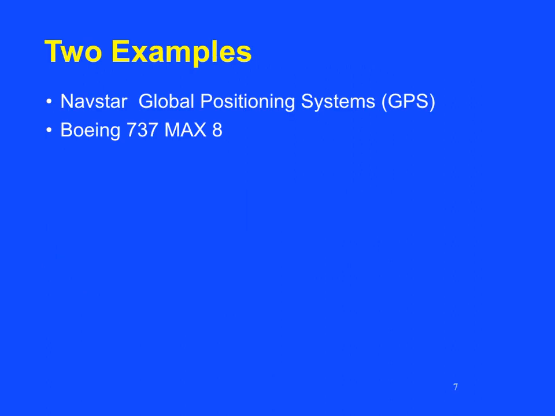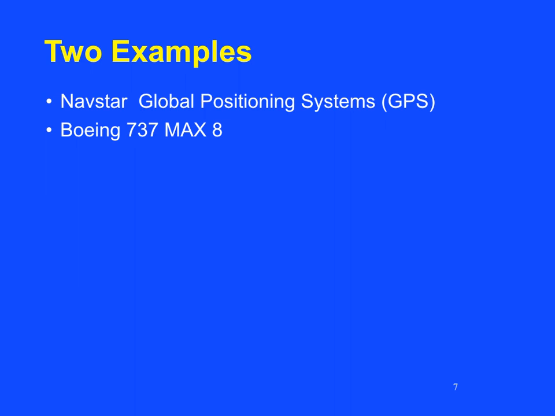The anatomy of two project examples are diagrammed. The one, the Navstar Global Positioning System, the other, the Boeing 737 MAX 8. A close examination of the facts associated with each example is assisted by the application of the 7 alphas.